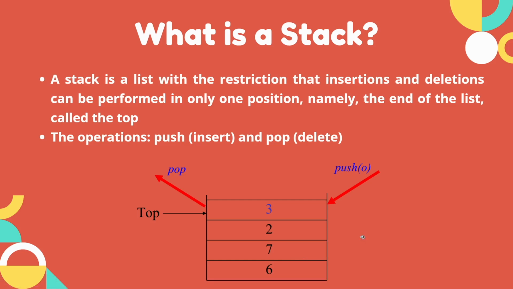As of now the element 3 is the one that was added latest to the stack, so it is occupying the topmost position. So in a stack we always have a pointer named top to point to the topmost element, the most recent element that has entered into the stack.